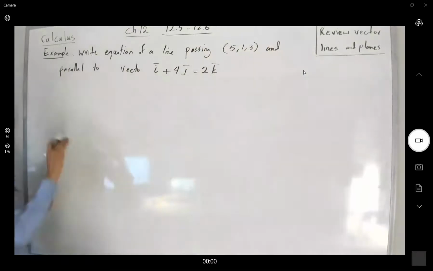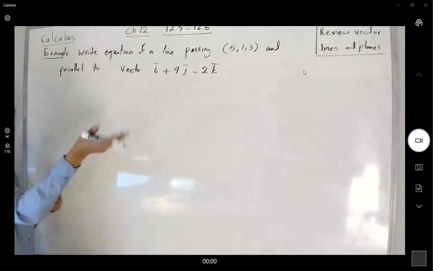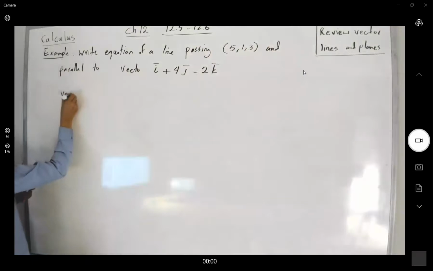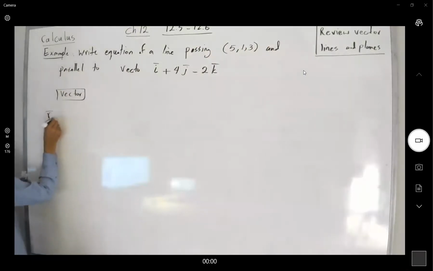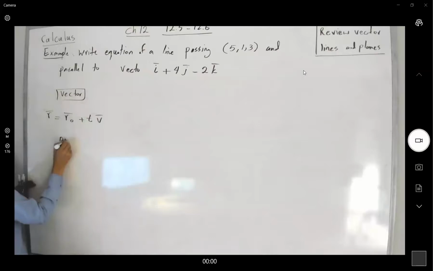Okay, so remember that we talked about different types of equations for a line. The vector form, which says R is equal to R sub 0 plus TV. And then we said we have the parametric form.